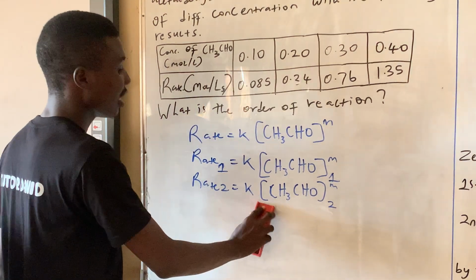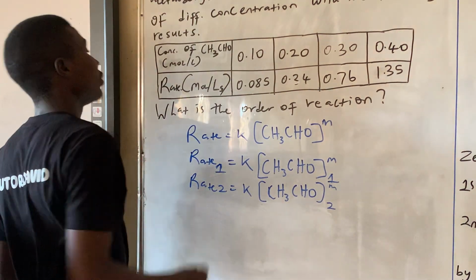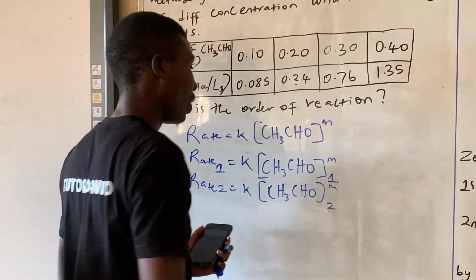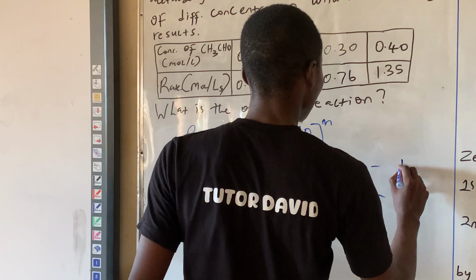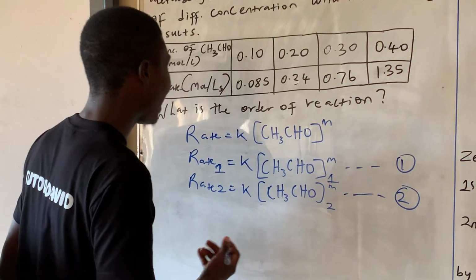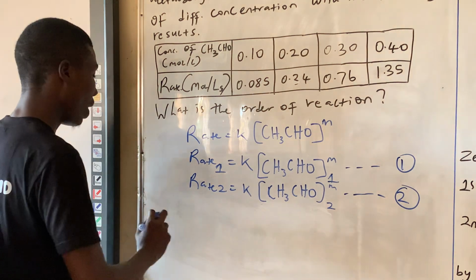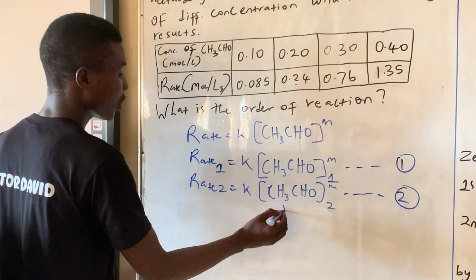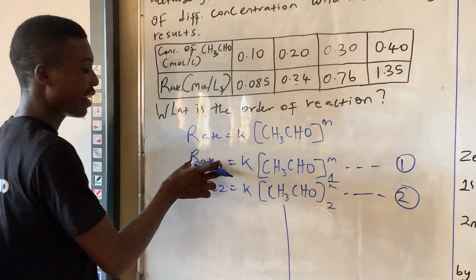To eliminate k, we will divide equation 2 by equation 1. If we divide equation 2 by equation 1, we are going to have rate 2 divided by rate 1.